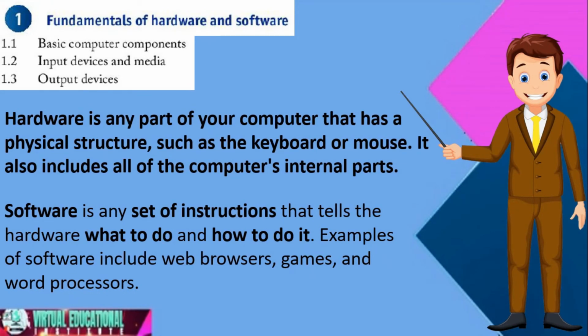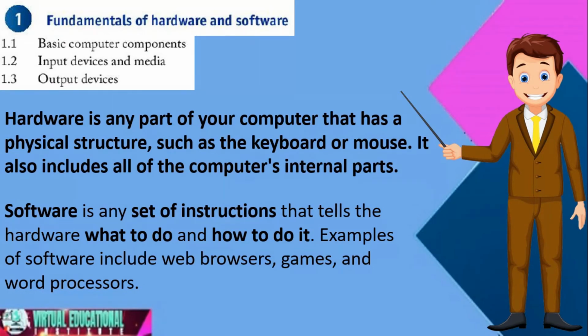So let's switch that knowledge to the computer side of things. Therefore, what we're simply saying is, when it comes down to a computer, any part of the computer that you can see and touch is classified as hardware. Let's look at the definition on our screen. Hardware is any part of your computer that has a physical structure such as the keyboard.